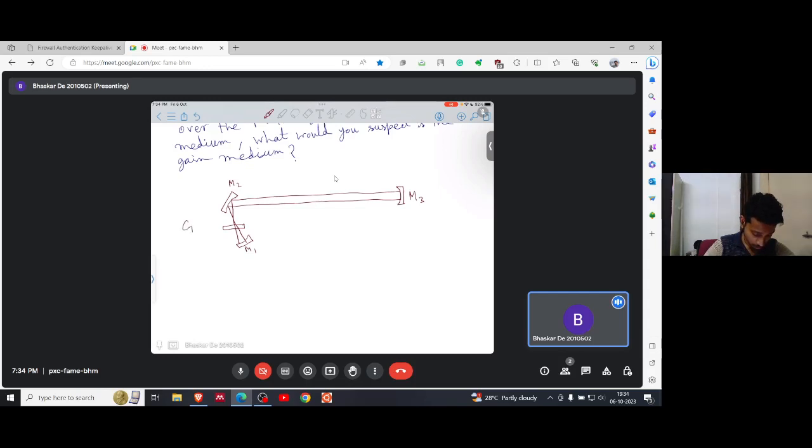So this is the gain medium or the gain cell. This is the angle 2 theta.